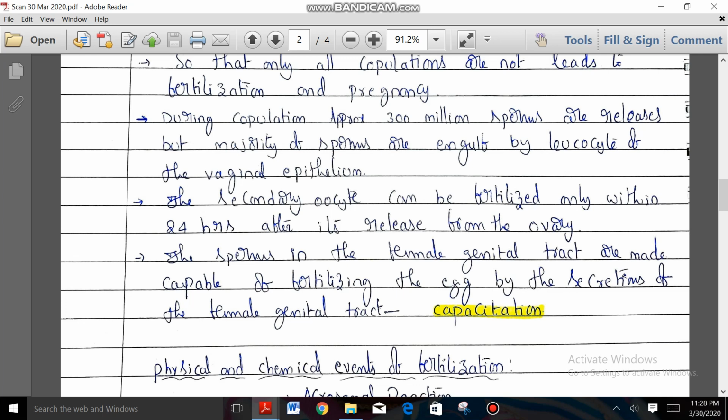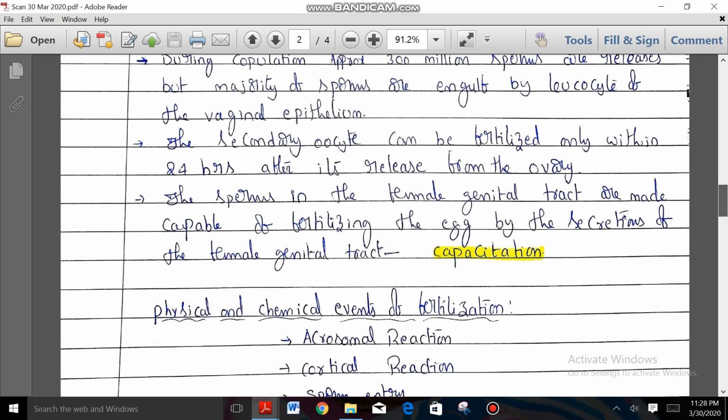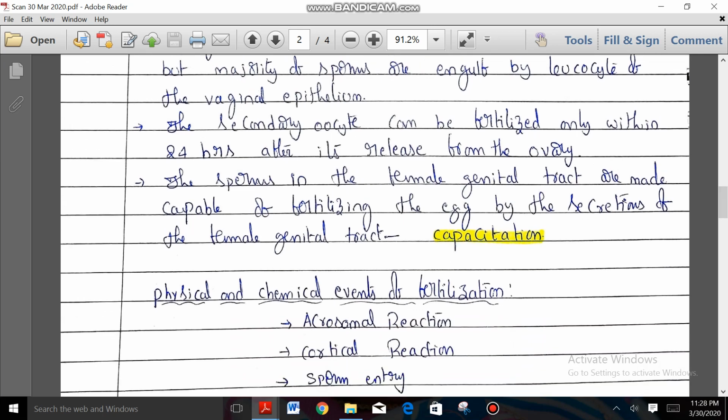And how much time is available for fertilization after the release of the secondary oocyte? That is 24 hours. After 24 hours, the ovum is not fertile and degenerates. The capability of sperms to fertilize the egg, acquired in the female genital tract by its secretions, is called capacitation.